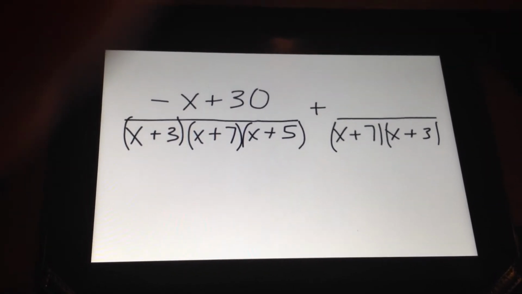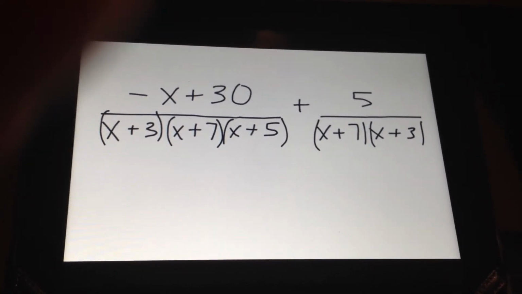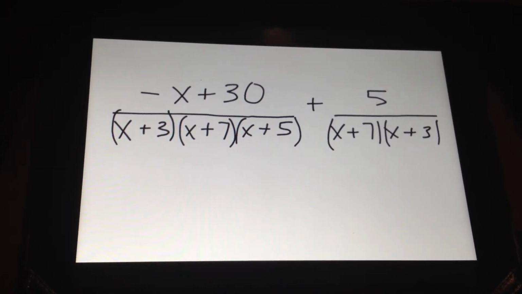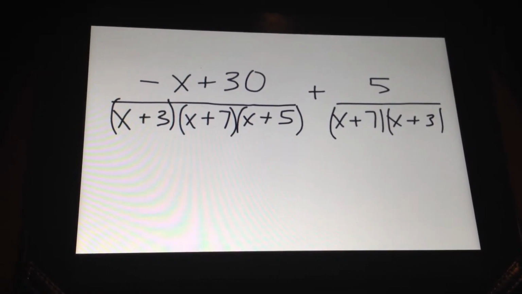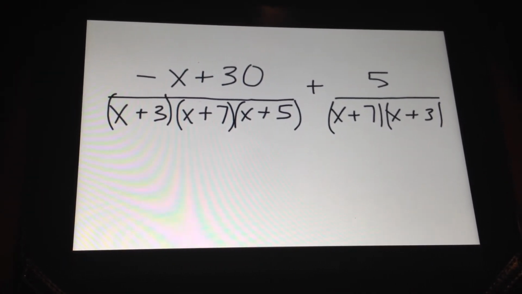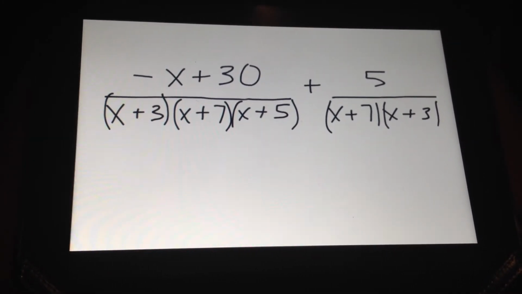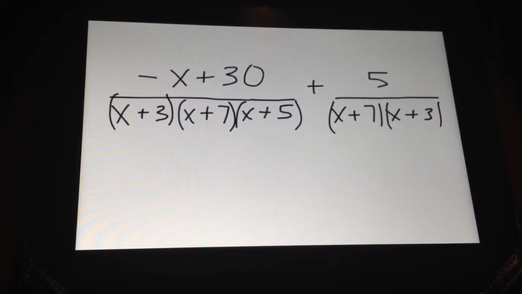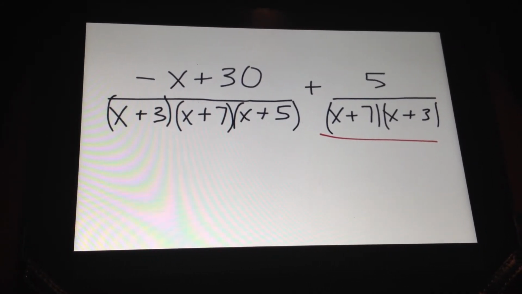Alright, now that we have this all in, including this top number. If you're wondering why I didn't do anything with the top numbers, it's because I could, but I'm only trying to find the greatest common factor, which is the bottom number, and both of them are completely factored already, so I don't even have to worry about that. But now that we have both of the bottom numbers, you can see what we're missing. See, we have x plus 3 times x plus 7 times x plus 5, and we have x plus 7 times x plus 3, and what can we do to this to make it this?